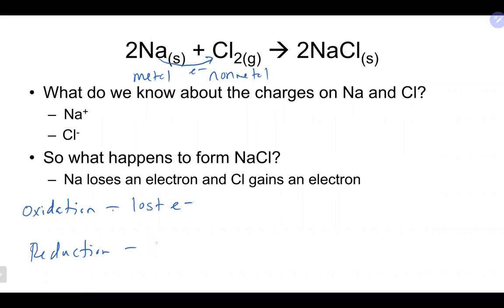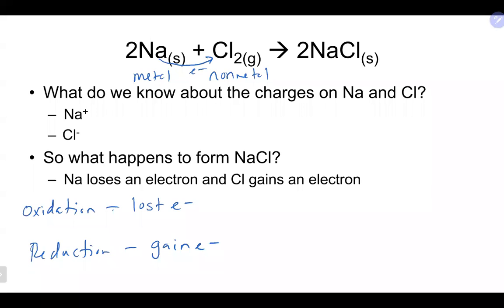The definition of reduction is the gaining of electrons. There are other definitions, like oxidation could also mean the gaining of oxygen as you go from reactants to products, or the losing of hydrogen as you go from reactants to products. And those we'll see when we talk about organic reactions, where we look at oxygen or hydrogen coming or going.